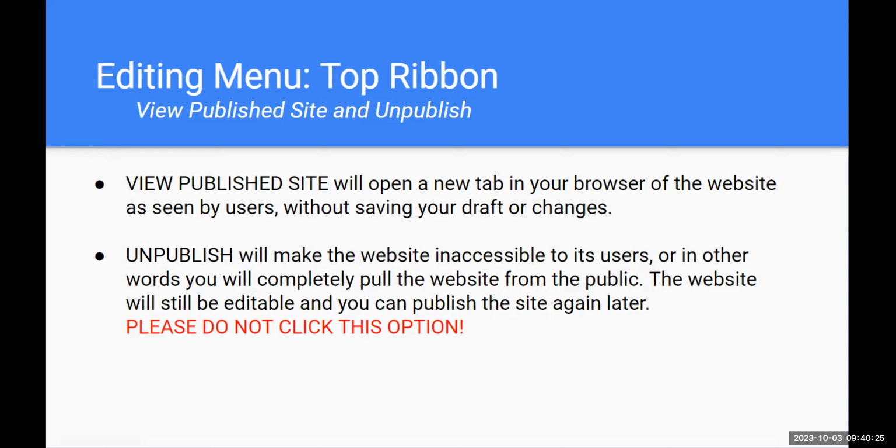So you only unpublish if you're going to do a major overhaul, or maybe you're going to pull some information that you don't want anyone to see, so on and so forth. So please do not click this. We really don't need to unpublish right now because we're not doing a major overhaul in the digital library yet.